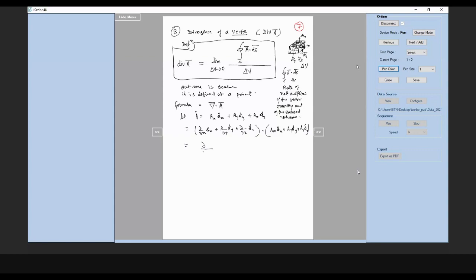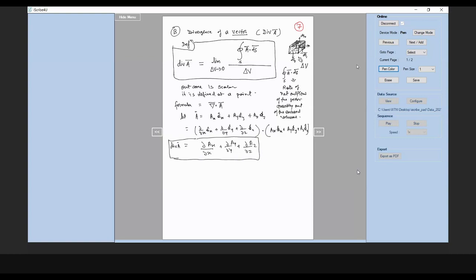So it is del del x of Ax plus del del y of Ay plus del del z of Az. This is the answer. So divergence of A in Cartesian coordinate system is essentially scalar in nature.